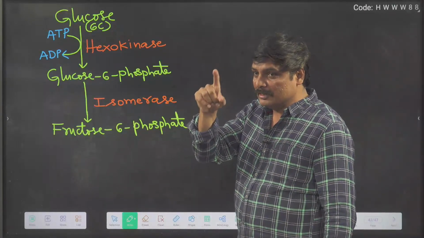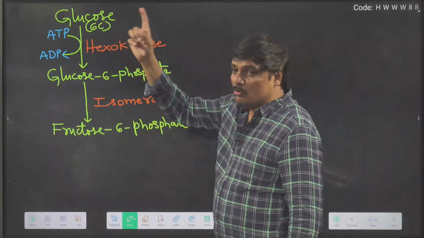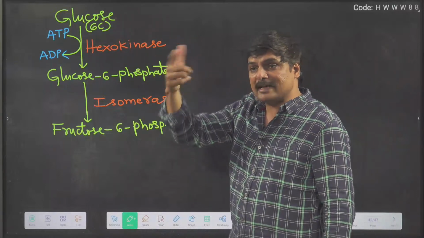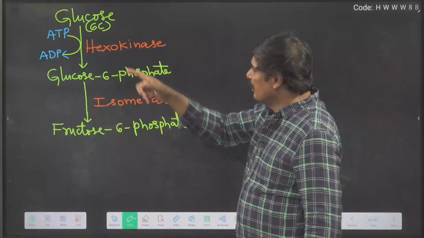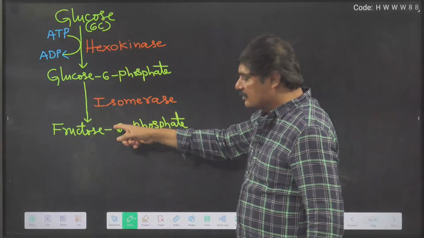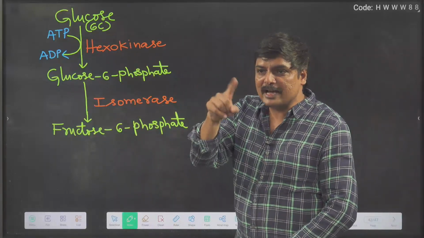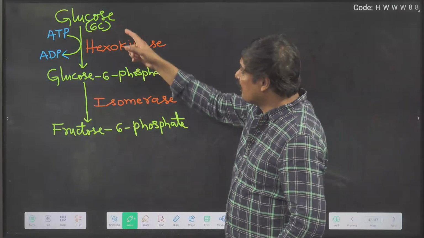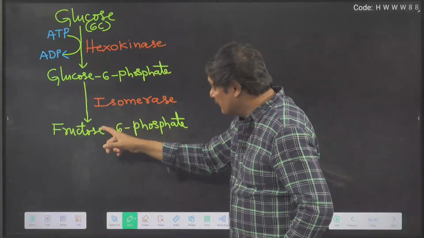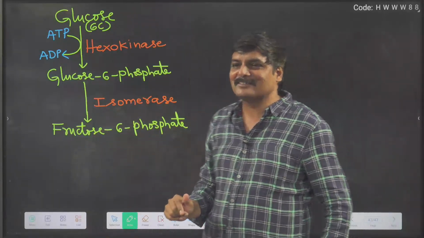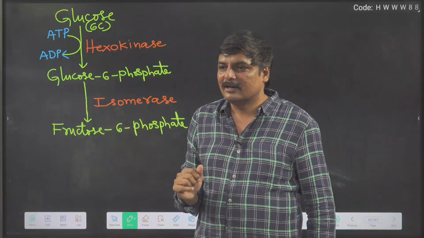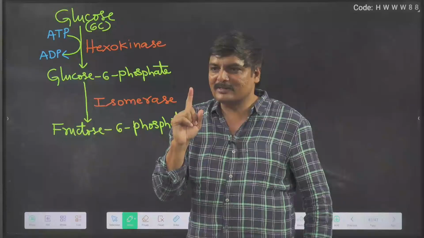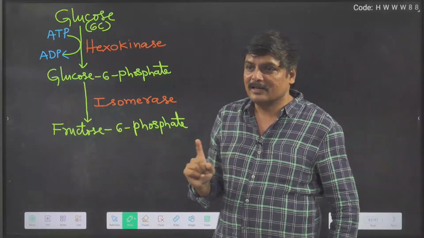I told you in the beginning, either glucose acts as substrate or fructose acts as substrate. If glucose acts as substrate, it will continue like this. If fructose acts as a substrate, that fructose is directly phosphorylated to fructose 6-phosphate. Got the logic? Do you understand that logic?